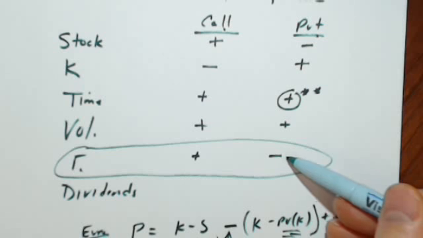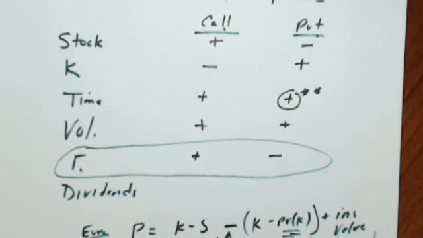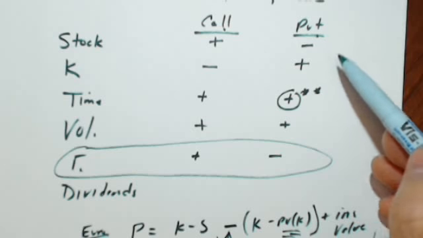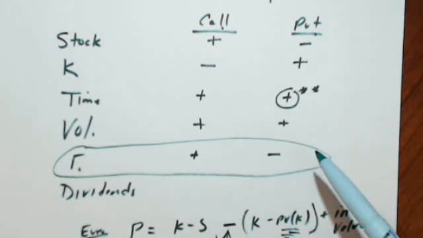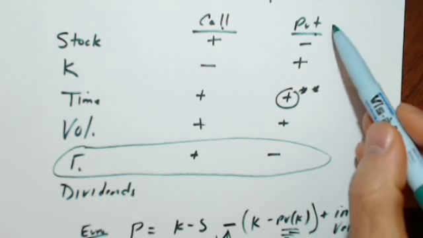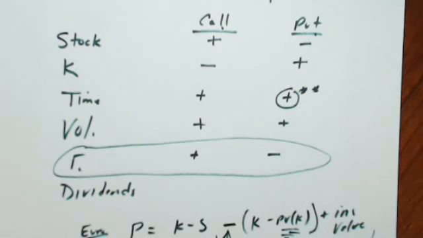Now with a put, just the opposite happens. If you're bearish on a stock, you have two choices. You can short the stock or you can buy a put. Now think about it. If you buy a put and interest rates go up, that means your opportunity cost of money has just increased.